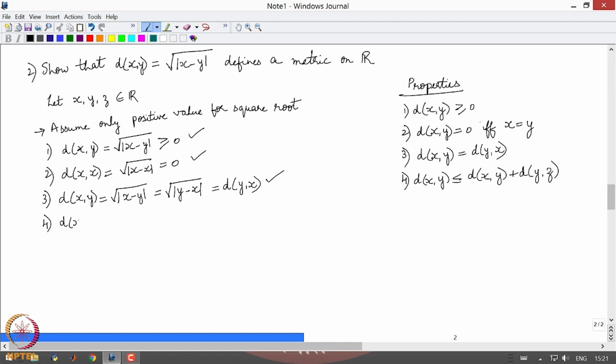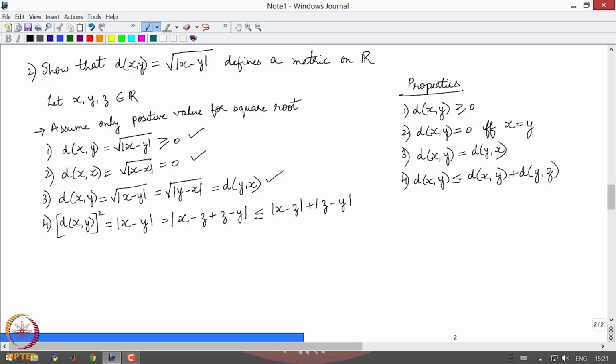So, we take the square of the distance metric, and the square is nothing but the absolute value of x minus y, and this I can write as x minus z plus z minus y, which is always less than or equal to the absolute value of x minus z plus the absolute value of z minus y, because they are just absolute numbers, you can always verify that this inequality holds.